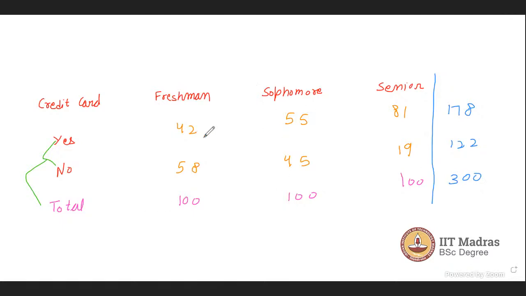If you do it, it will be 42 over 178, which we also computed earlier, 0.24. Next is 55 divided by 178, which is 0.31. And next is 81 divided by 178, 0.46.